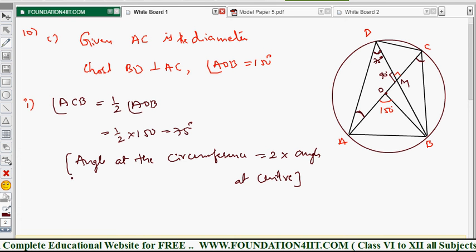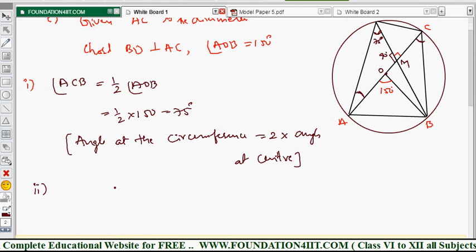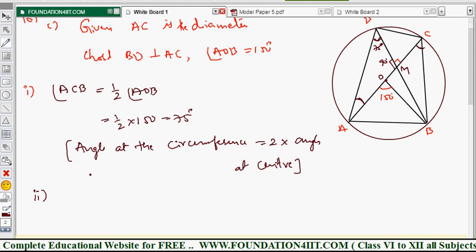Okay, simple. Then angle DAC is equal to 180 minus, because the sum of the angles in a triangle is 180 degrees, that 90 plus 75, which is 15 degrees.